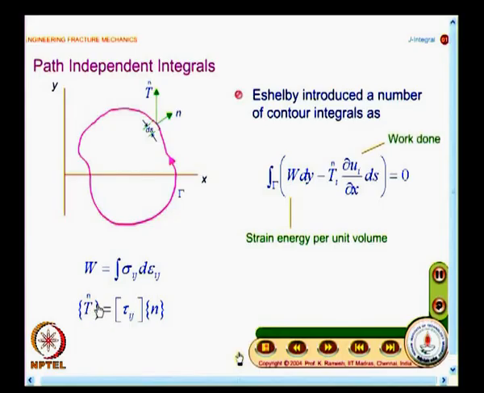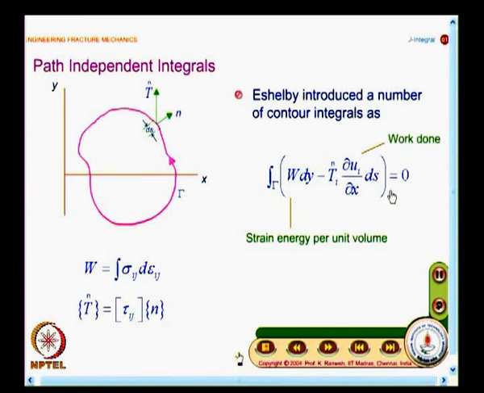Either you could put it as T 1 n or T x n and T y n, and the first term is nothing but integral sigma i j delta epsilon i j. This we had already seen earlier, we will again have a look at it. This is the final form of the integral, and if you take a closed contour, the integral goes to 0.